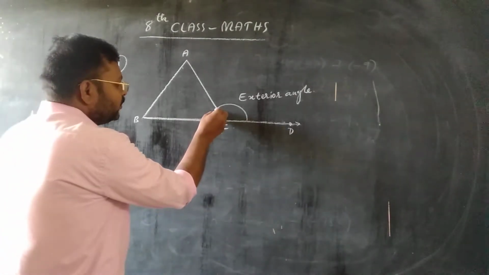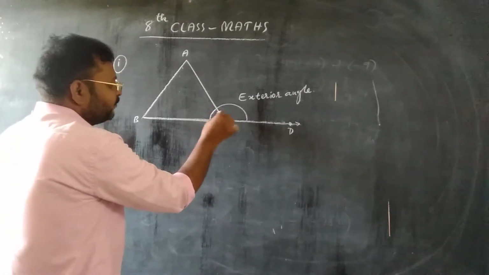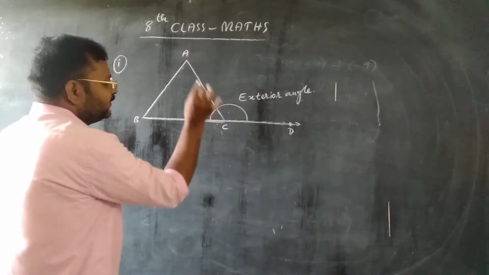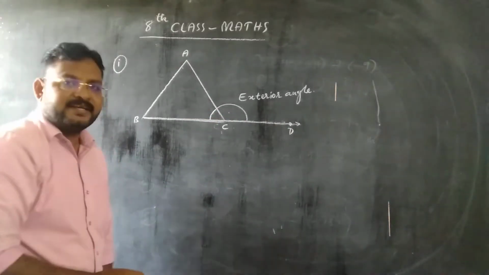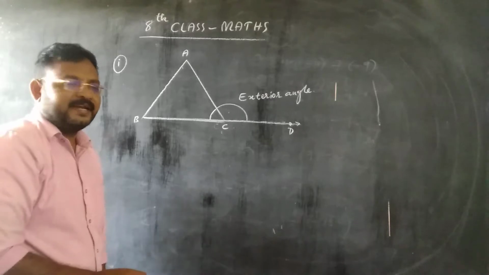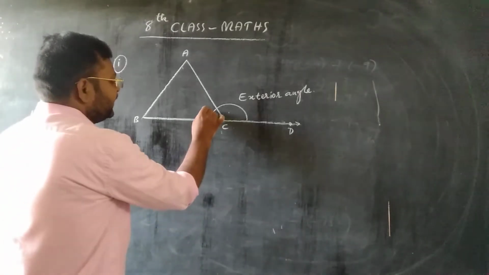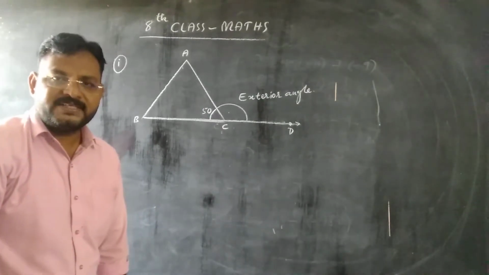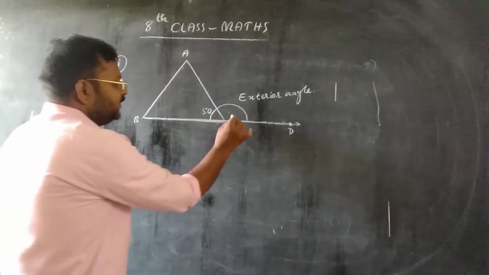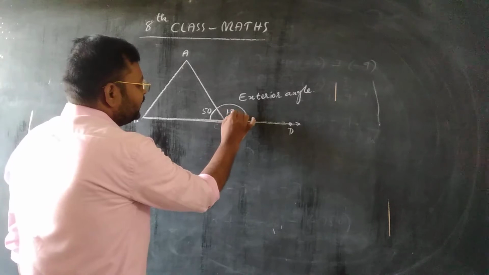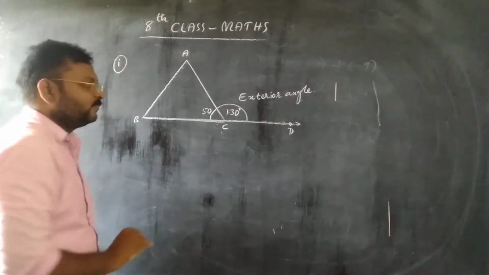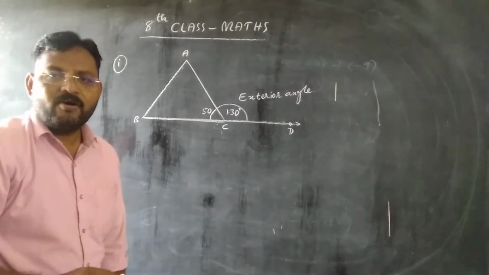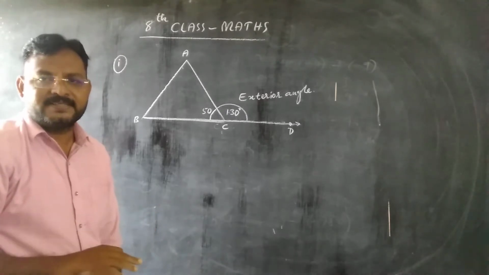When we draw another angle beside the exterior angle, that is called the interior angle. If suppose it is 50 degrees, this angle will be 130 degrees. Why? They are linear pair angles.